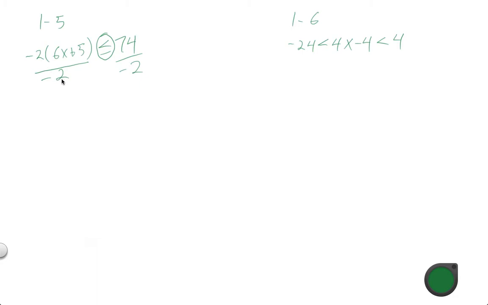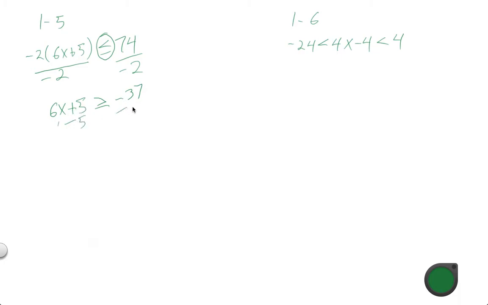-2 divided by -2 is just a +1, so that just leaves me with 6x plus 5 on this side. And then instead of less than or equal to, I'm now greater than or equal to, and 74 divided by -2 is -37. Now I'm just going to go through the normal steps.